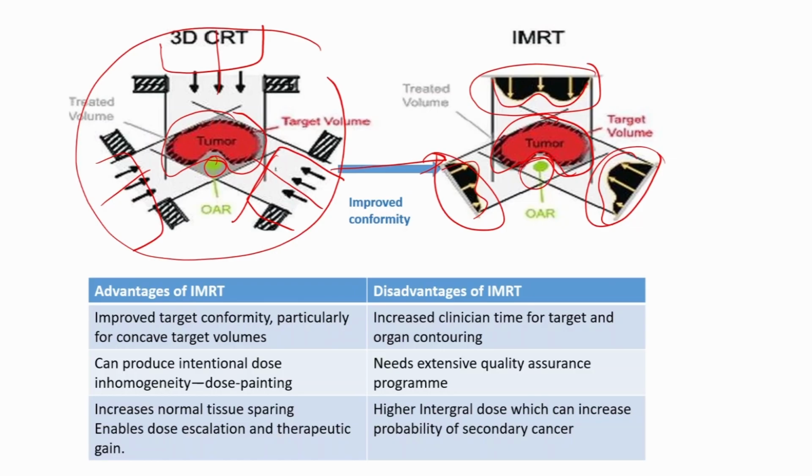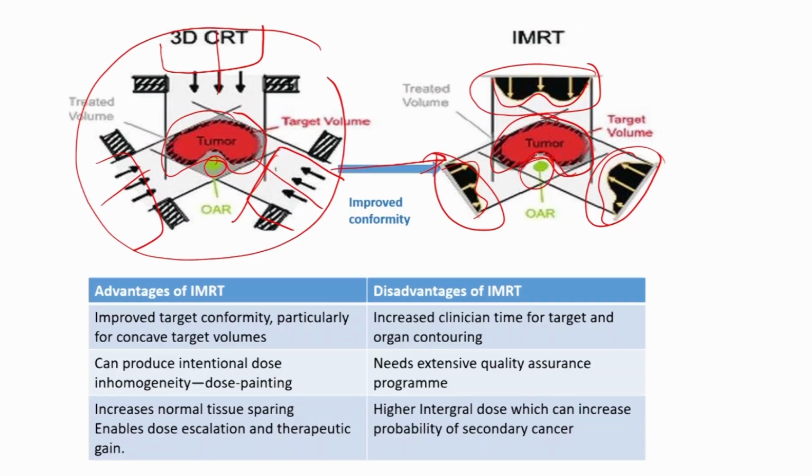What changes from the 3D CRT technique, we will discuss in further slides, but before that let us understand the advantages of the IMRT technique. As I said, it has improved target conformity, which you can see in the figure, particularly for concave target volumes, and it can produce intentional dose inhomogeneity or dose bending. As against the 3D CRT technique, where you get a homogeneous dose distribution, in IMRT you can intentionally obtain an inhomogeneous dose distribution.